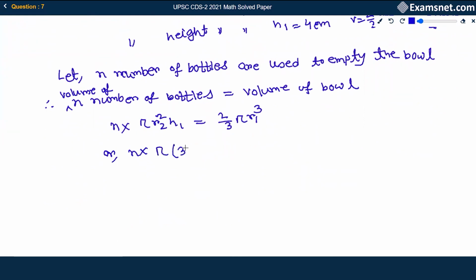R2 is 3 whole square and 4, 2 by 3 pi, here 18 whole cube. Both the pi got cancelled here.